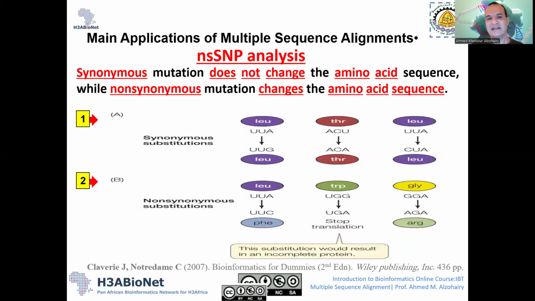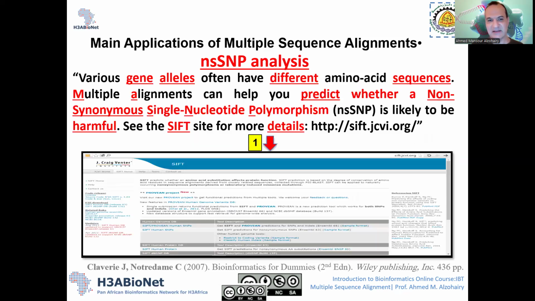Also, NS-SNP analysis, like synonymous and non-synonymous mutation, can be very useful. You can see synonymous or non-synonymous mutations using multiple sequence alignment if you're comparing different genes, for example, and would like to see the positions for NS-SNP analysis.